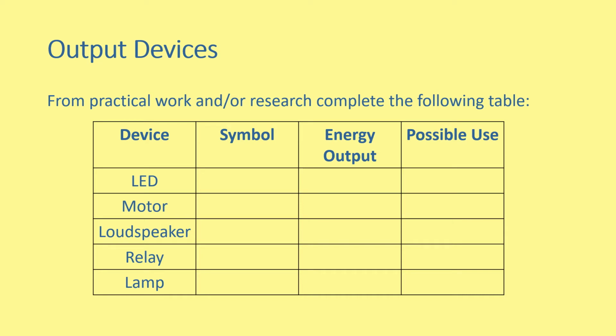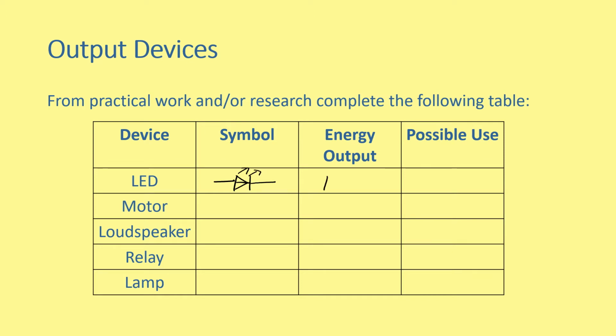From practical work and/or research, you should be able to complete the following table. So let's have a look. LED. Sometimes you'll see this with a line drawn through. Light comes out, so we see arrows coming out.